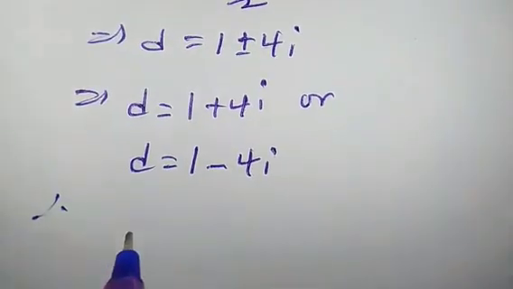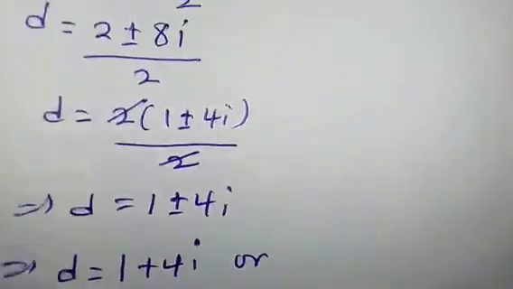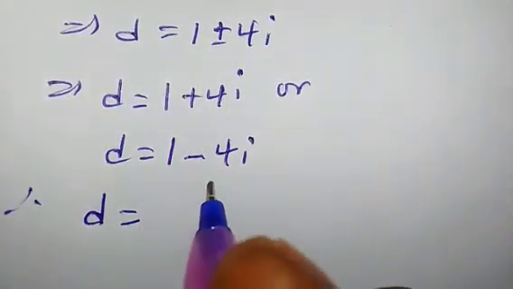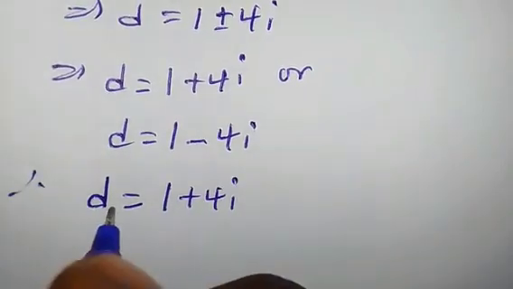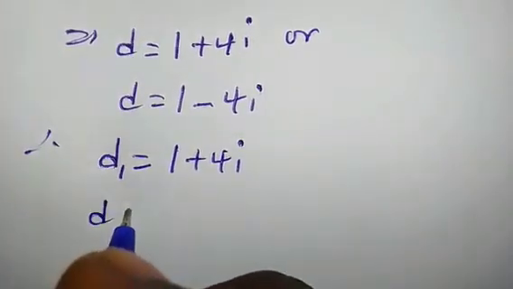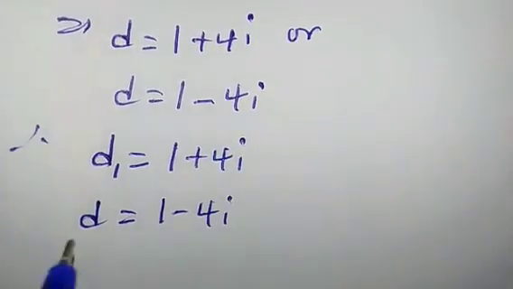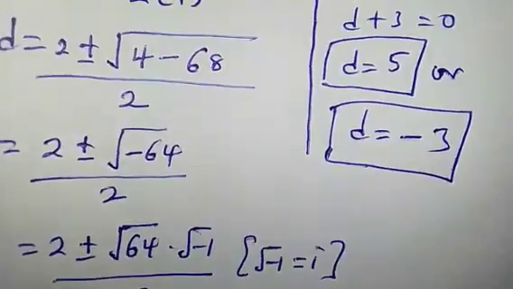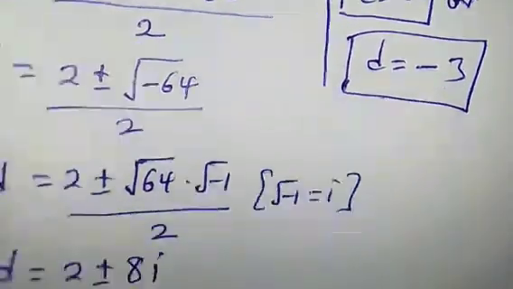Therefore, all the solutions that we have, the first ones: these are the two complex solutions we first obtained. We have 1 + 4i, let's call it d1, and d equals 1 − 4i, let's call this d2. And the last solutions that we obtained, d equals 5 and d equals negative 3.